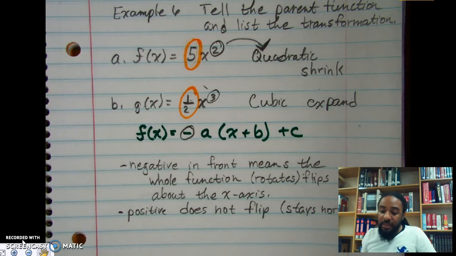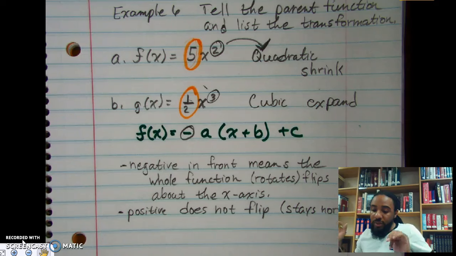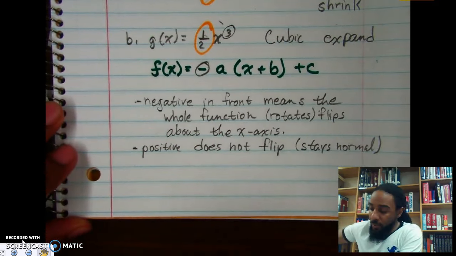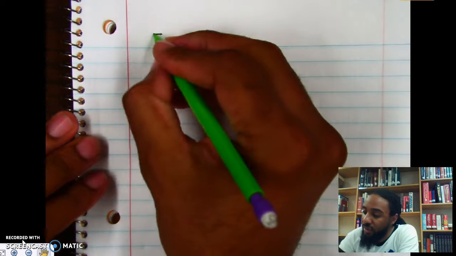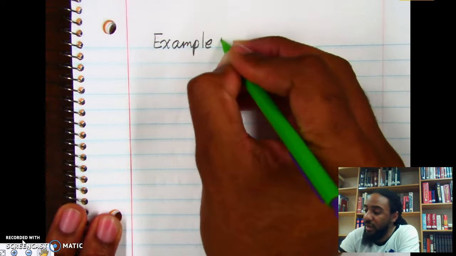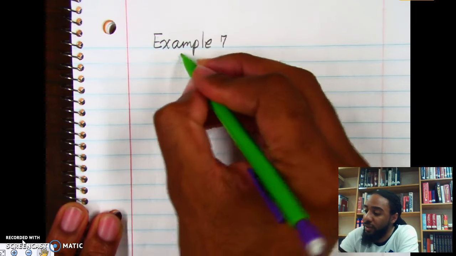All right, and here, let's go ahead and throw an example for this one. And let's do it on this next page. Enough room there. So example 7. And again, the exact same instructions. The instructions have not changed throughout this whole time, so we're not going to change it here.